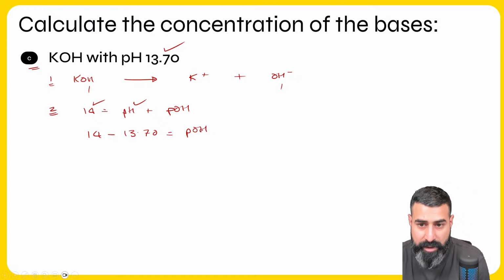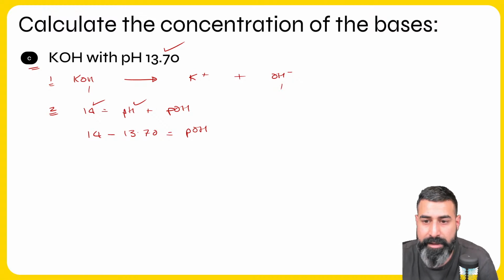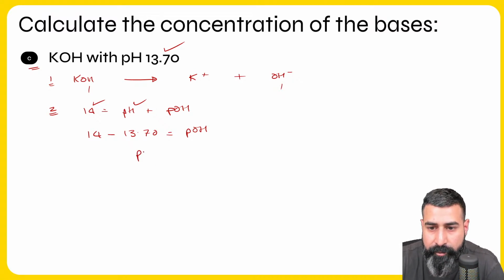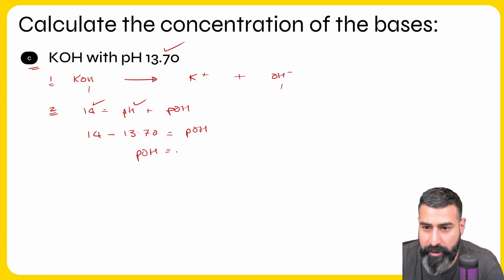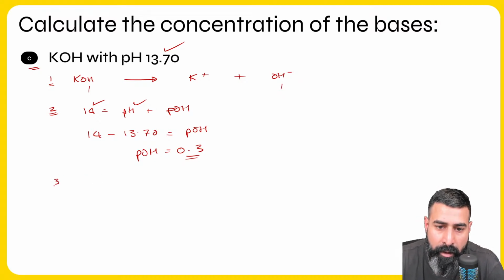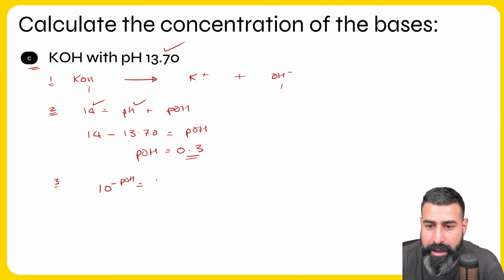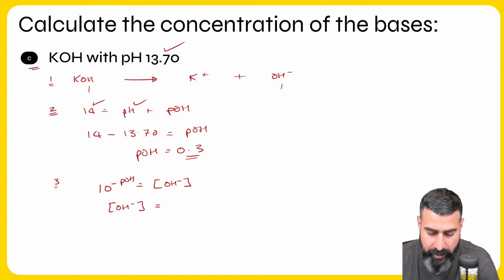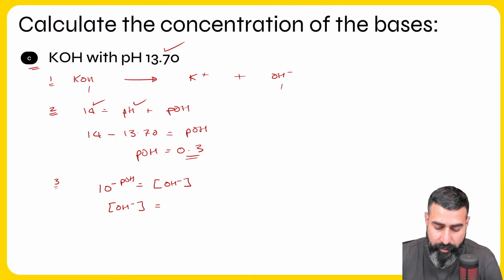So 14 take away 13.7 is equal to a pOH of 0.3. Cool, blimey. 10 to the power of minus pOH gives me the hydroxide ion concentration. So the hydroxide ion concentration is equal to 10 to the power of minus 0.3.